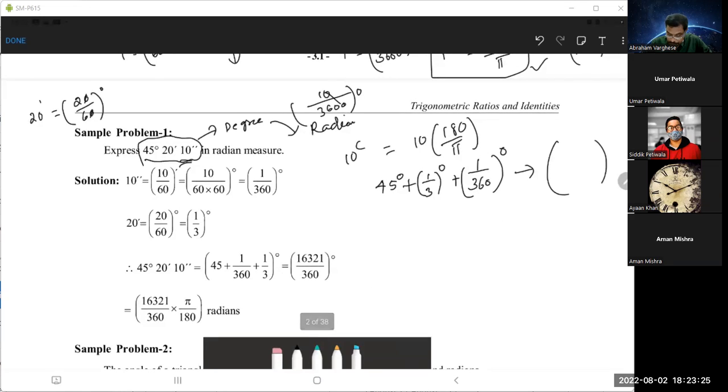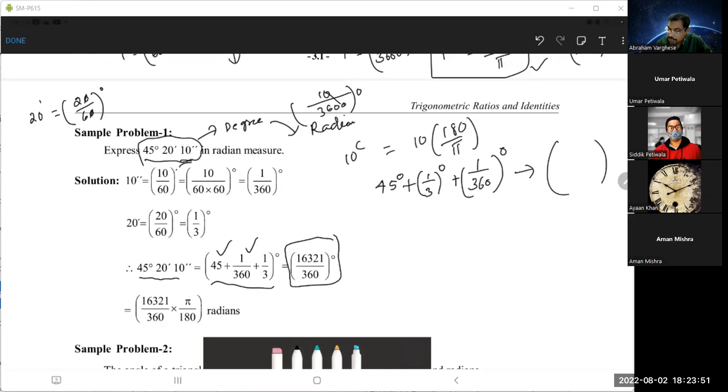So first we convert 45 degree, 20 minute and 10 second into degree measure. So it will be 45 plus 1 by 360 plus 1 by 3, the total. So it will be 16,321 by 360 degree. This is the degree measure corresponding to that. From degree, we need to convert to radian.